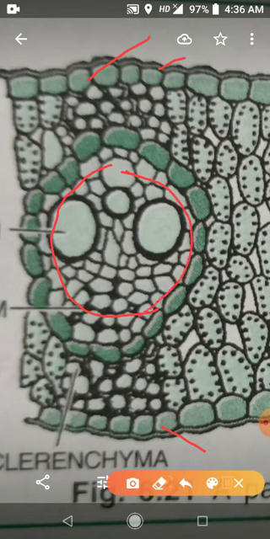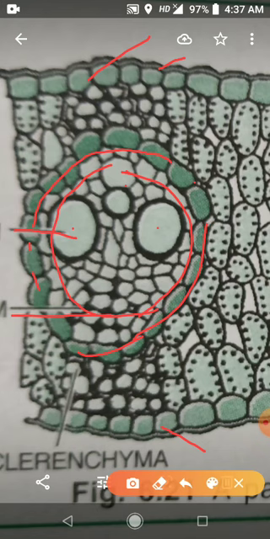Veins are present in the leaves, therefore they are vascular bundles. These are xylem and this is phloem. So xylem and phloem. Around the vascular bundle, this is the bundle sheath. These cells are bundle sheath, and mesophyll cells are clustered around this bundle sheath.